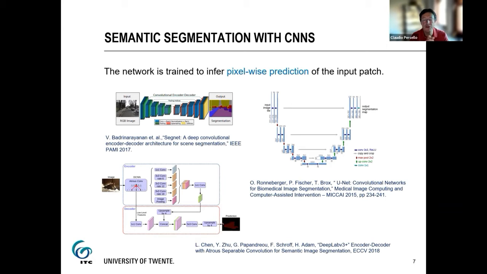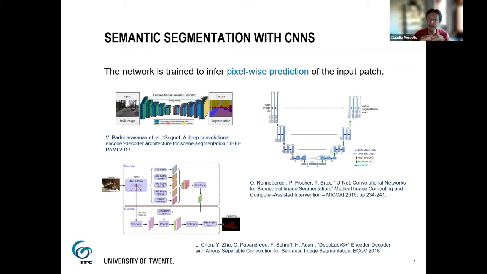They both follow a so-called encoder-decoder type of structure, where the encoder is learning the features from the image and somehow capturing these images at multiple levels, so in a hierarchical way, starting, let's say, from low-level features related to corners and to edges in the image up to middle and high-level features, components of objects, and so on.